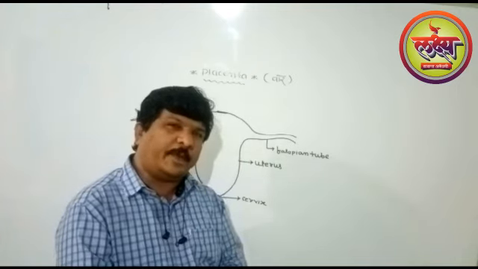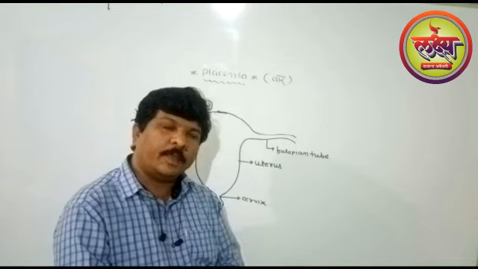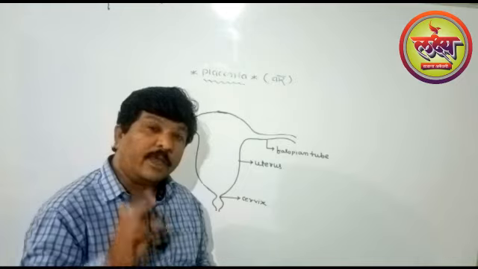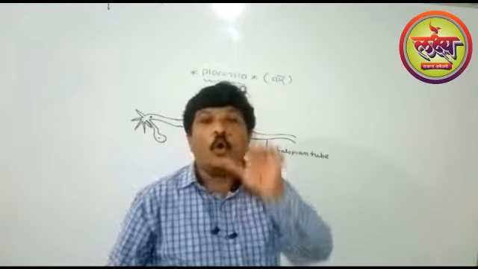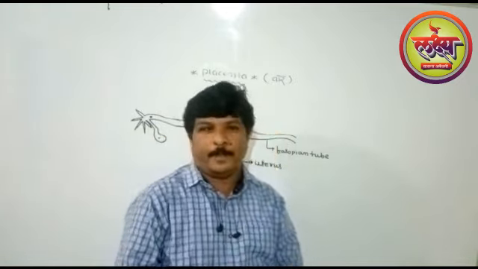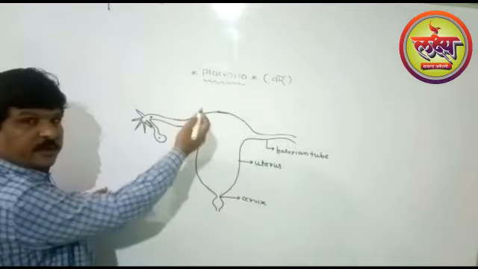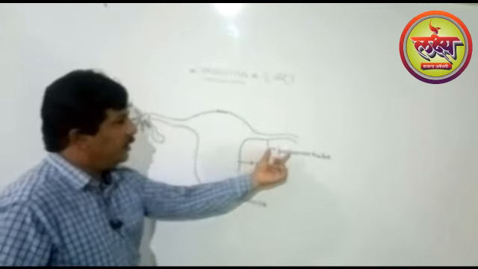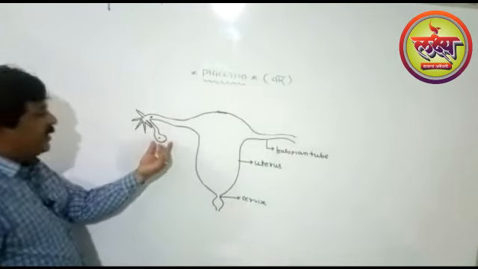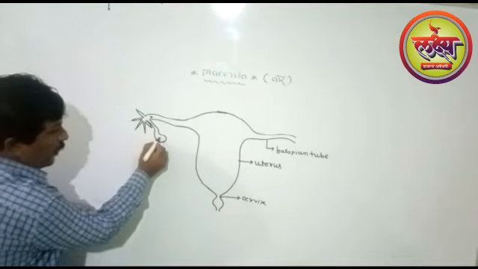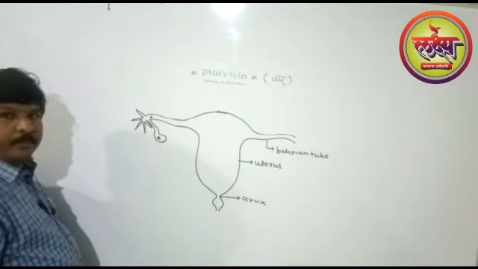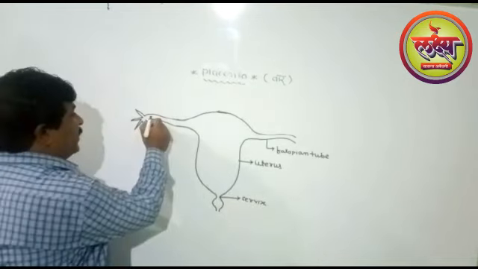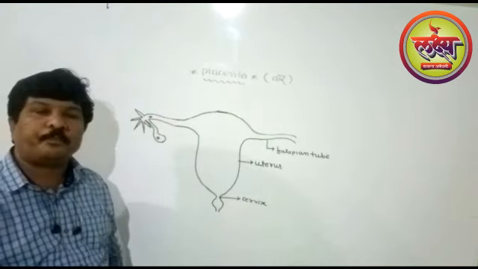During fertilization, what happens? In the ovulatory phase of the menstrual cycle, the ovary produces an ovum. This is the female reproductive system: the cervix, this uterus, this fallopian tube, and this ovary. This ovary produces the ovum. This ovum is captured by the fimbriae and then enters inside the fallopian tube.